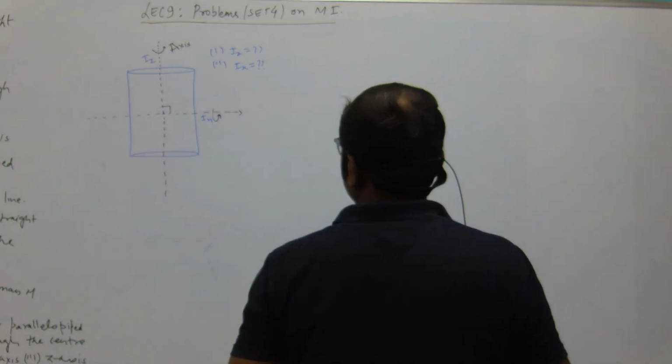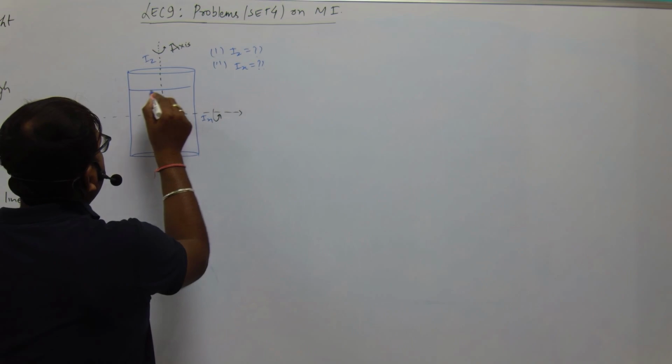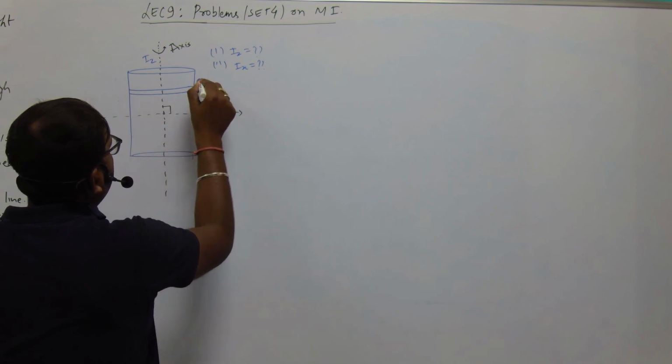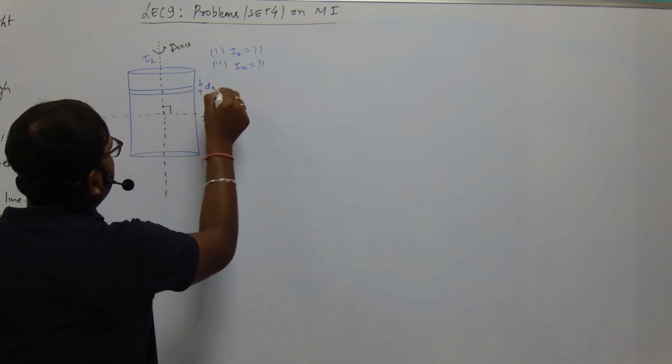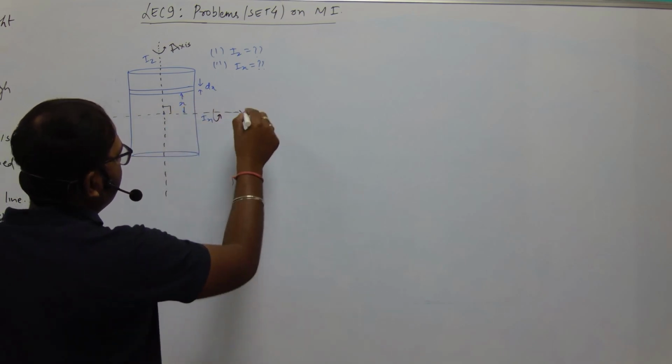Let us take an elemental strip of thickness dx at a distance of x from the x-axis. Okay, so this is our x-axis.